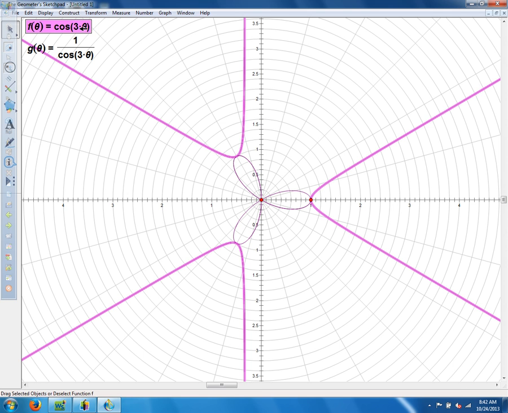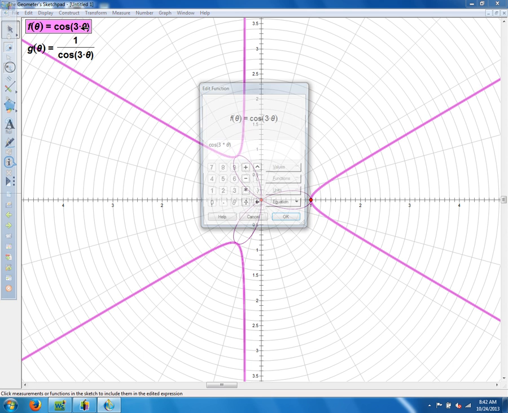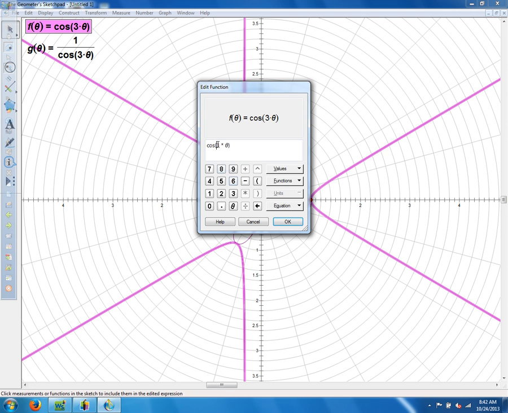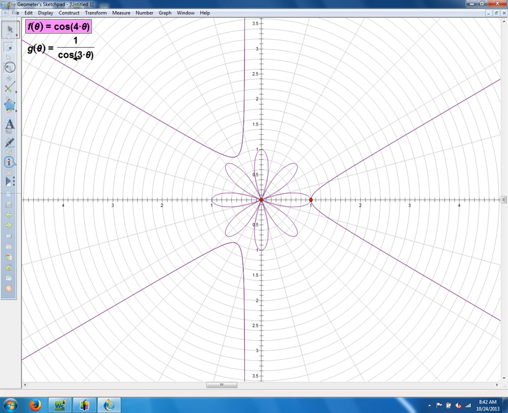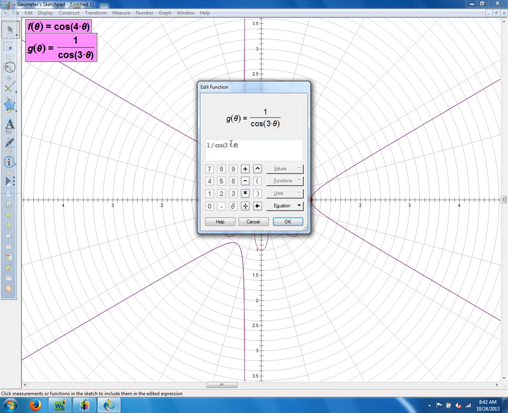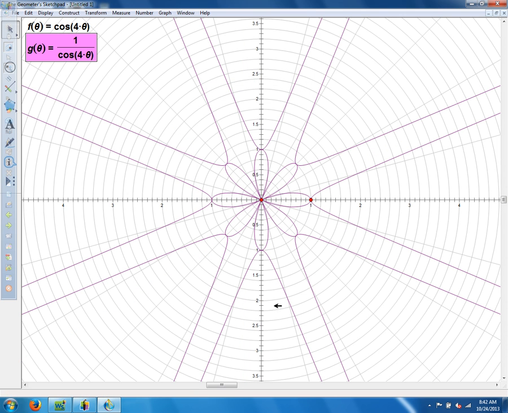And if we change our values, we could change this to a 4, and then we'll change this one to a 4. There'll be so many. So we get an asymptote everywhere that the denominator equals 0. And we get this really cool graph.